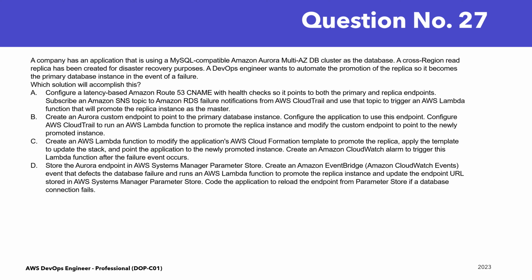Create an Amazon EventBridge (Amazon CloudWatch Events) event that detects the database failure and runs an AWS Lambda function to promote the replica instance and update the endpoint URL stored in AWS Systems Manager Parameter Store. Code the application to reload the endpoint from Parameter Store if a database connection fails. Correct answer, B.